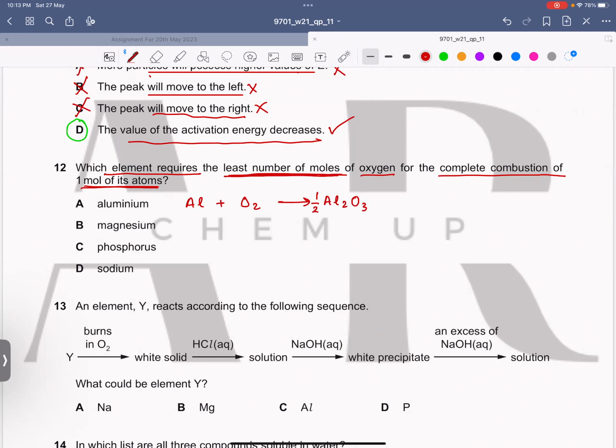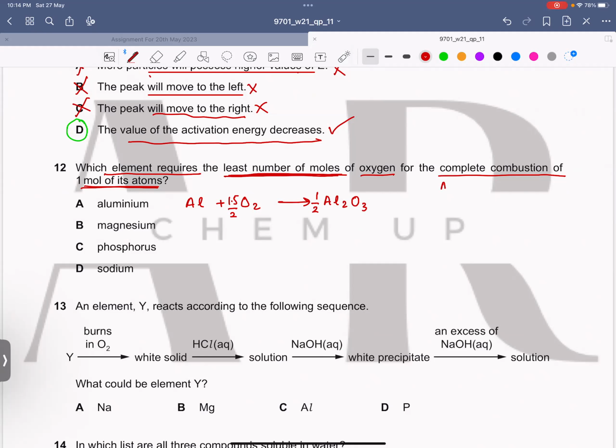If I make it half, it would become 3/2, which means 1.5 oxygen.